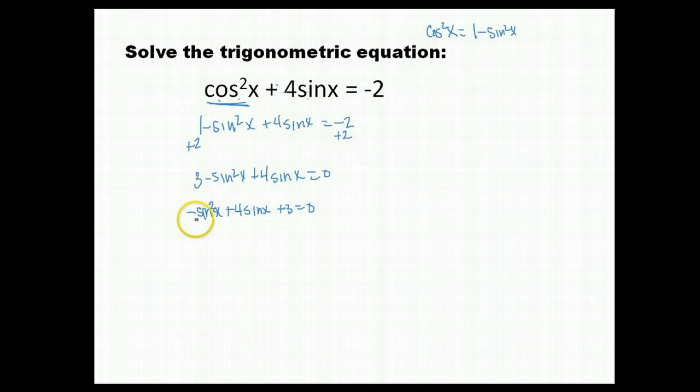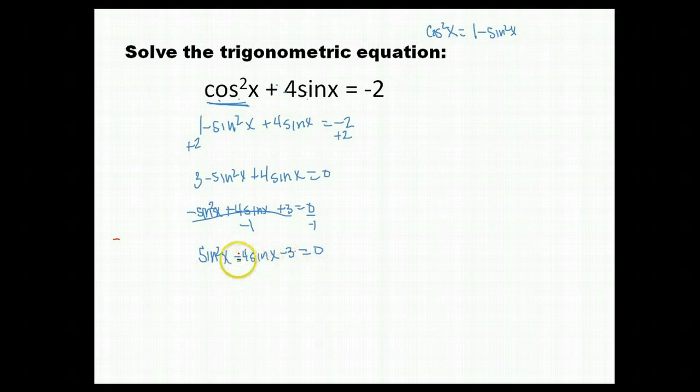Next, again, this negative makes it tougher to factor, so I'm going to divide everything by negative 1 so that I'm not dealing with that. So now I have sine squared x minus 4 sine x minus 3 is equal to 0.